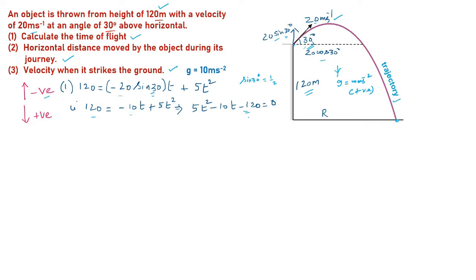So this is a quadratic equation. You can simplify this by dividing the whole equation by 5: t square minus 2t minus 24. 120 by 5 is 24. You can easily see that this can be factorized.